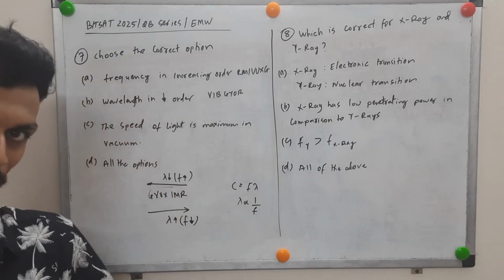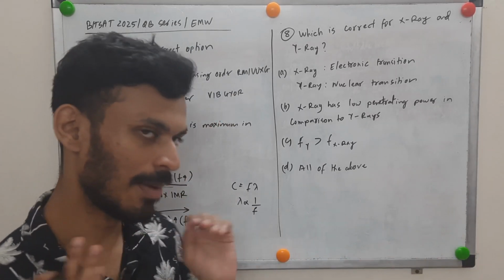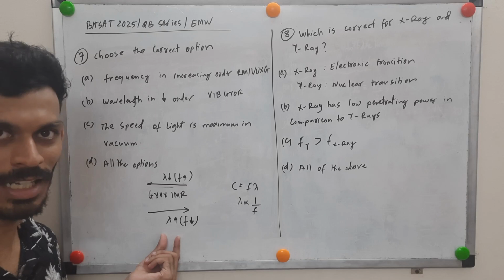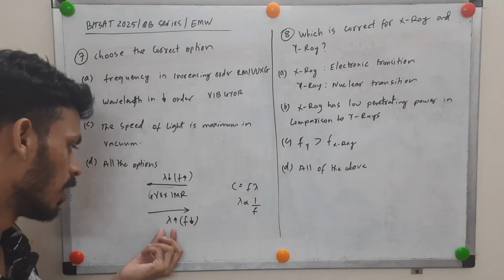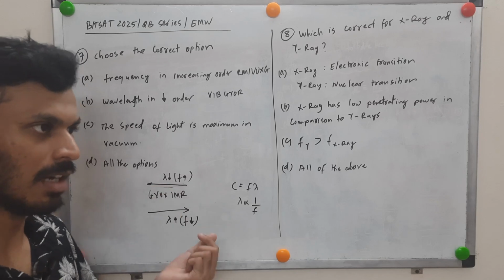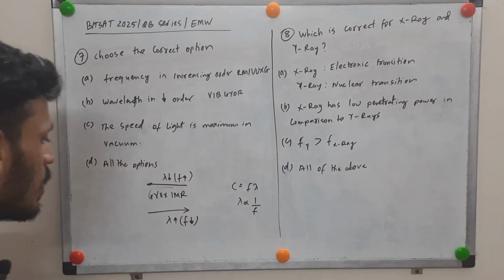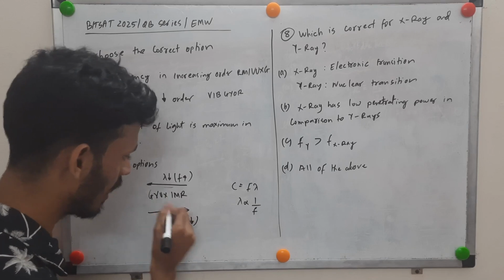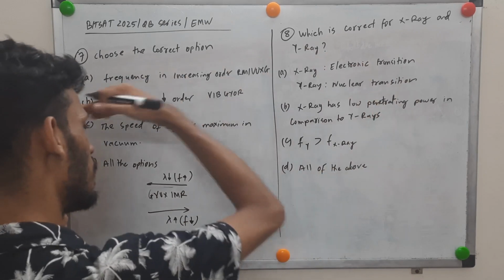Just remember gamma X UV I M R, and in that direction lambda increases and frequency decreases. In the other direction, lambda will decrease and frequency will increase. It's easy to remember.